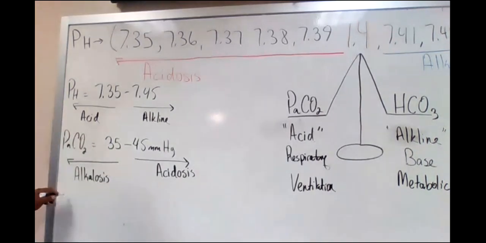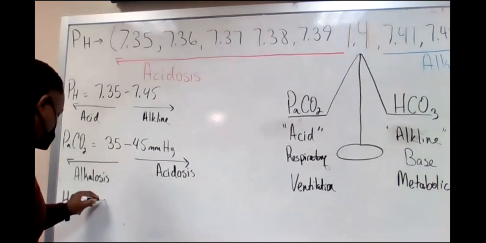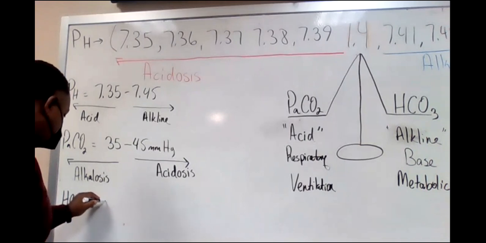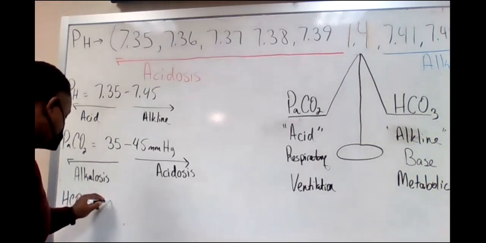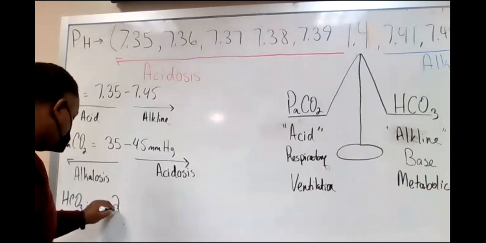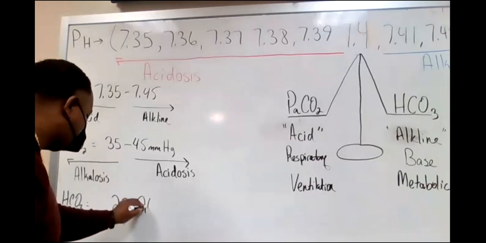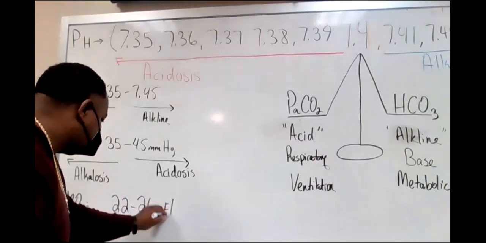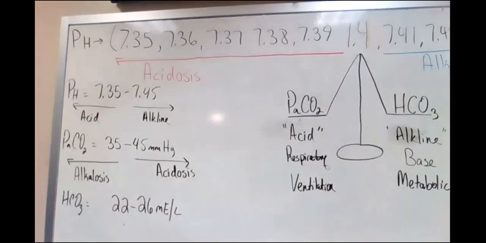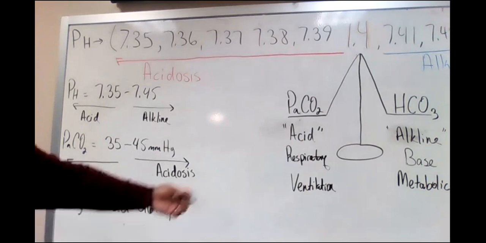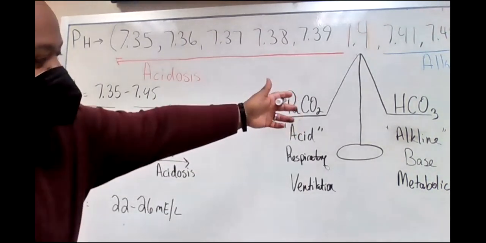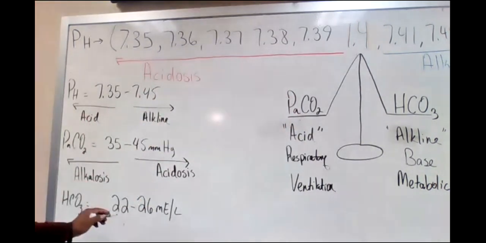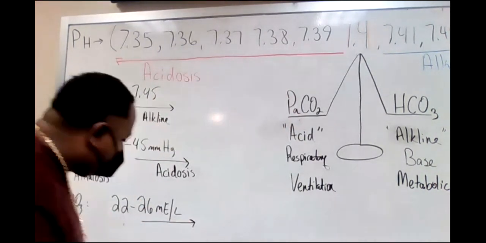Now, HCO3 is bicarb. What's the normal bicarb? What's the range? 22 to 26 milliequivalents per liter. Now, bicarb is a base, right? It is alkaline. So if you have a whole lot of bicarb, you're going what?